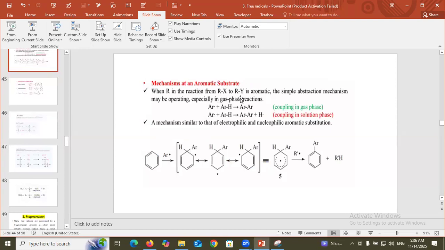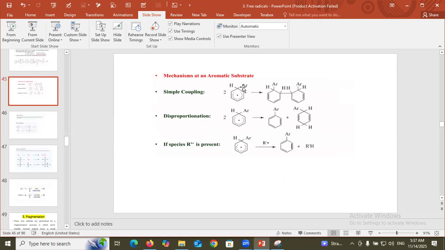Mechanism at an aromatic substrate. With an aromatic substrate, the simple abstraction mechanism may be operating, especially in the gas phase reaction. Aromatic group and aromatic group form coupling in the gas phase and coupling in the solution phase, as a mechanism similar to electrophilic and nucleophilic aromatic substitution.